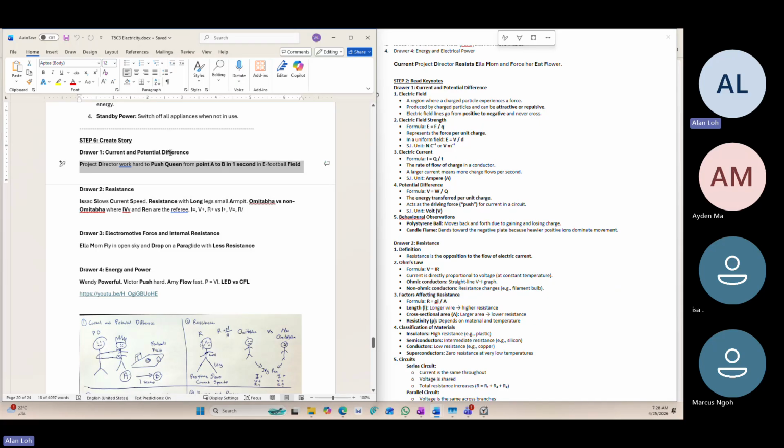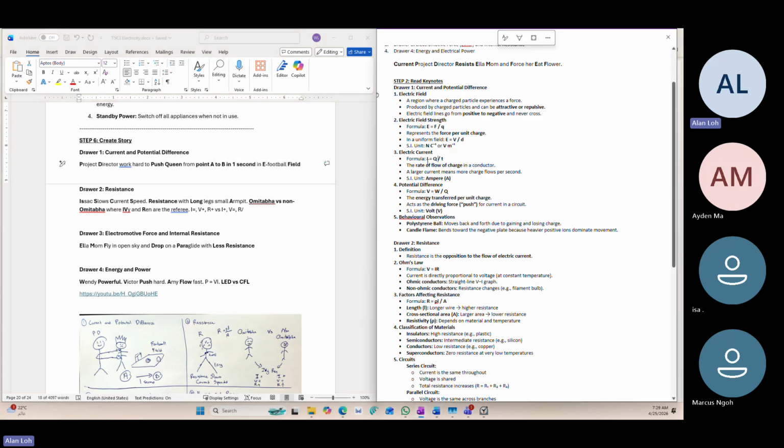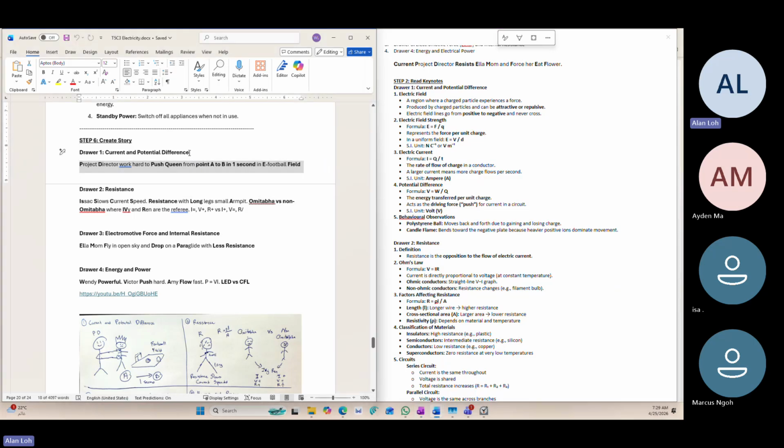The work to move the charge from one point to another point. So the project director works hard to push the Queen. Queen, the charge, the symbol is Q, right? So I use the Q as Queen from 1 point to 1 point in 1 second, right? So that is to reflect the key points that you need to know in this chapter, in this drawer.